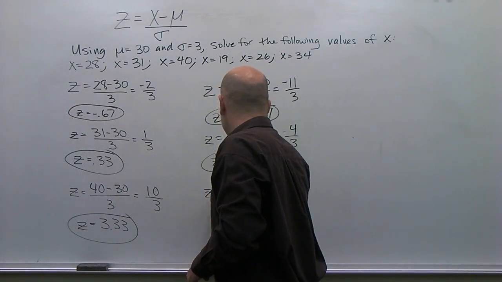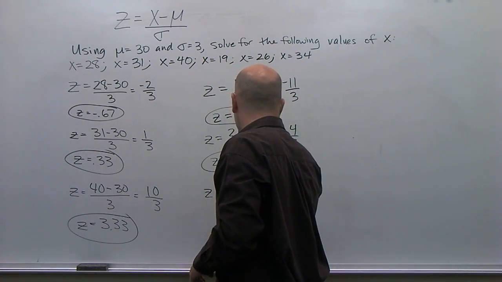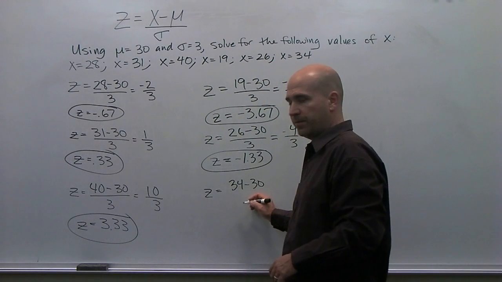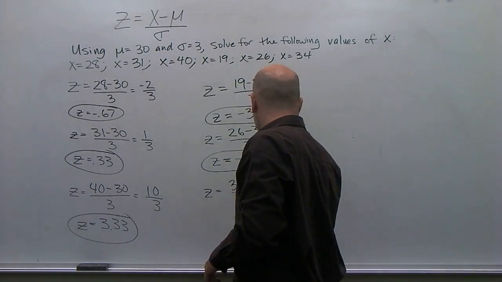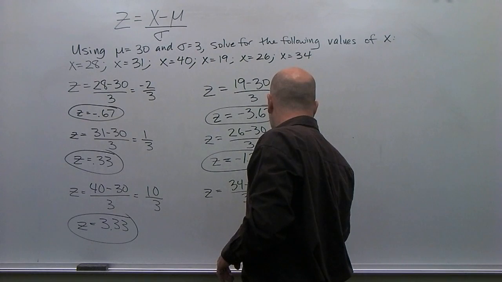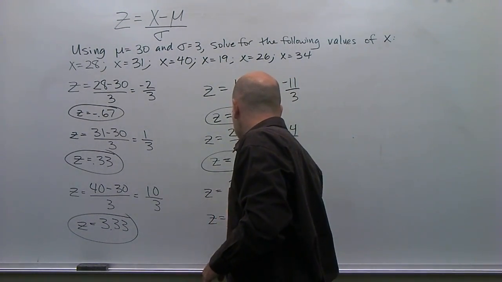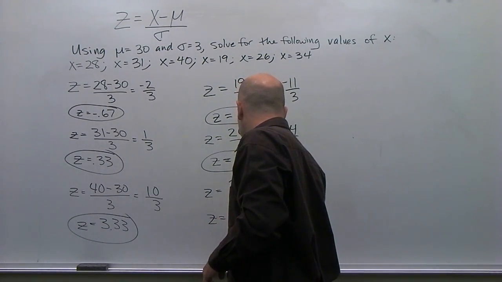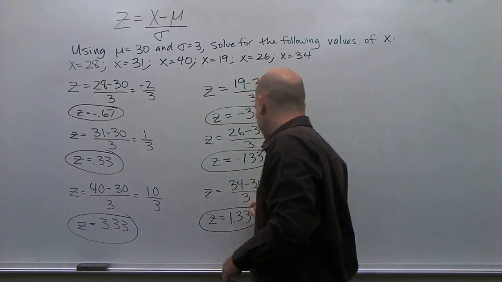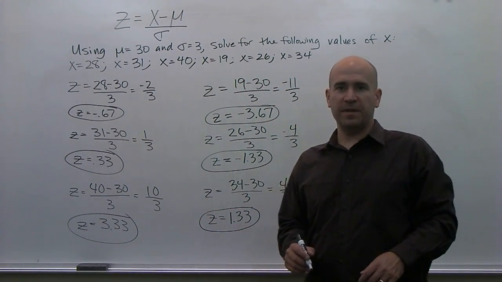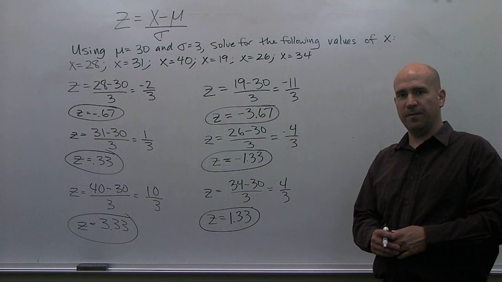So we have z equals 34 minus 30 over 3, or 4/3, which is equal to a z-score of 1.33. Okay, so we've solved for these 6 z-scores here.